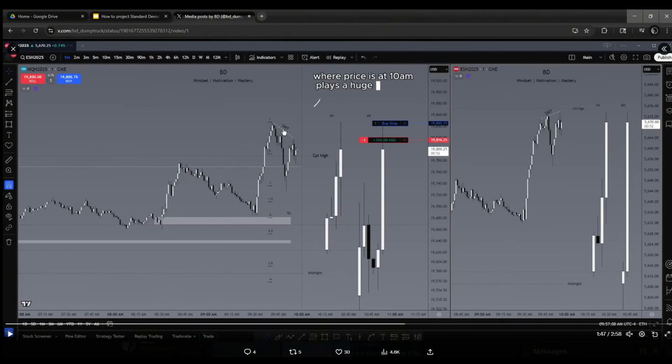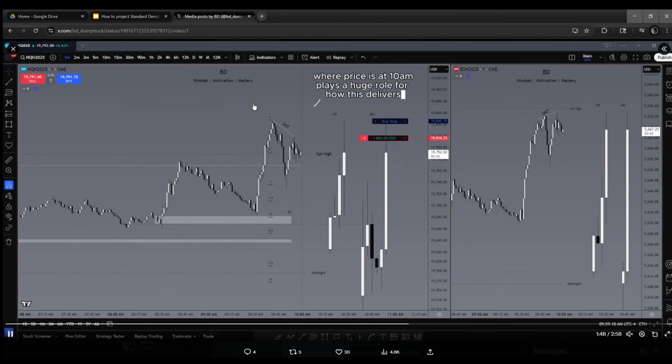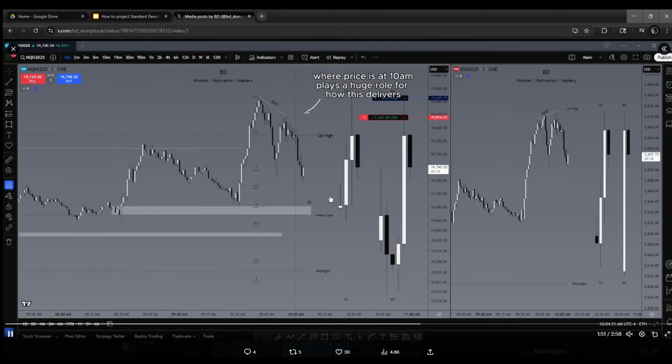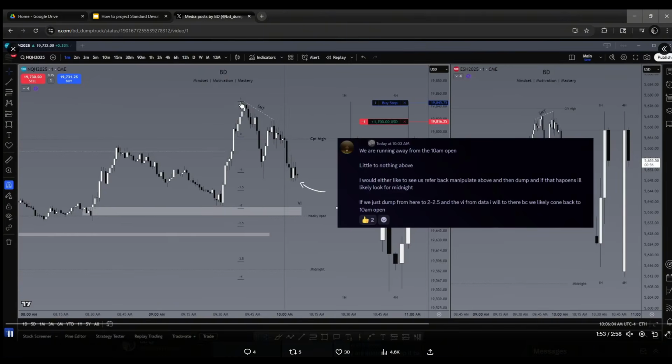So I was anticipating this high to hold going into 10 a.m. So we wanted to see the 10 a.m. somewhere in here or even lower so that they could manipulate above it without taking this high, because we already had a higher time frame SMT with the CPI high. So right here, we're using that last manipulation leg once again because we have SMT. There was a last manipulation leg there.